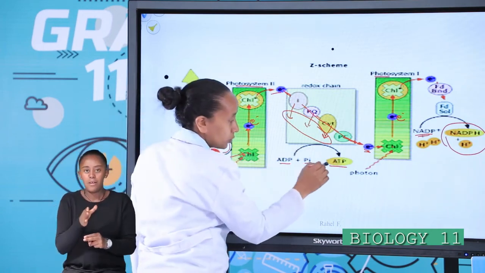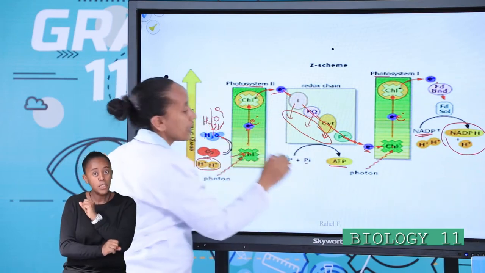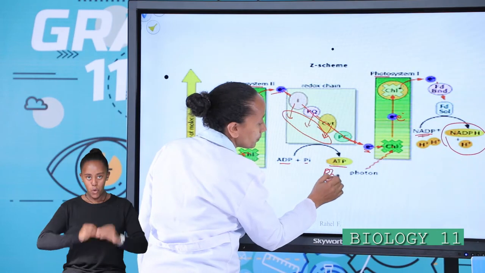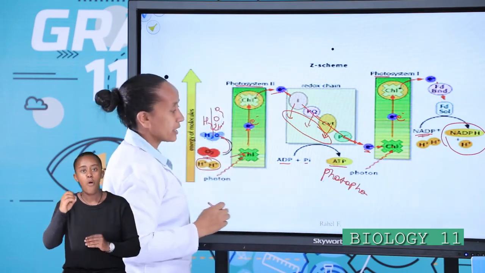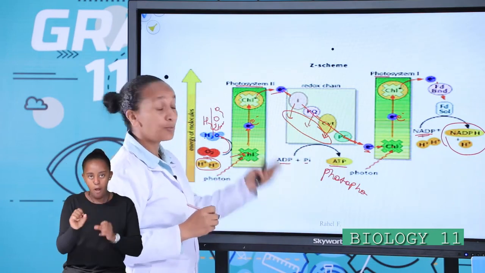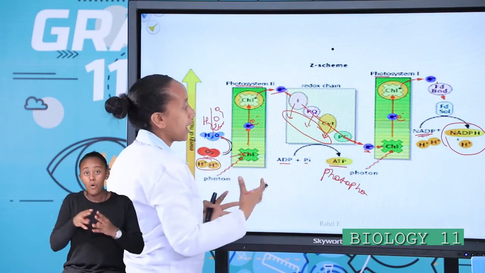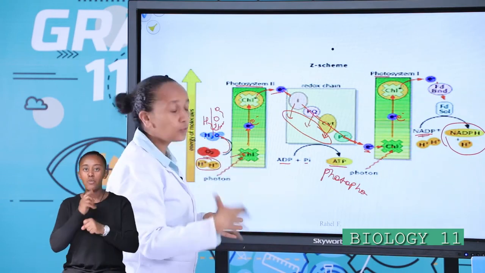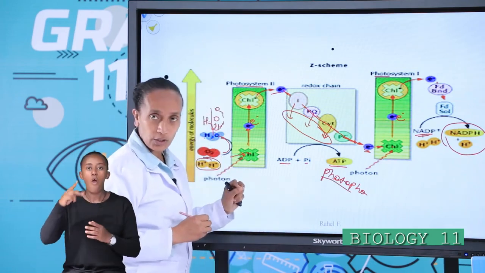Due to this, ATP formation in case of photosynthesis is known as photophosphorylation. This process occurs in plant cell by formation of ATP by chemiosmosis, but chemiosmosis is driven by the action of light energy. For that reason, the process is known as photophosphorylation.